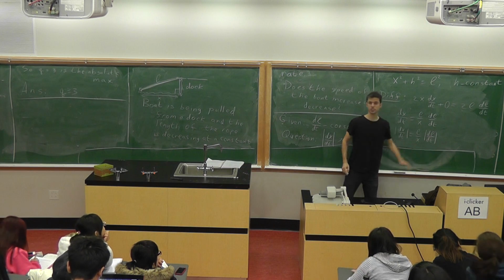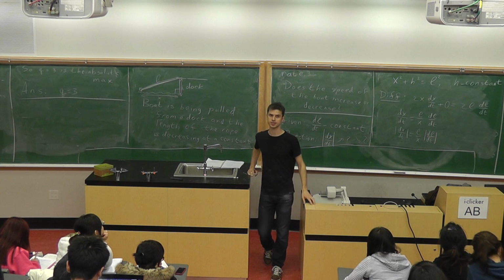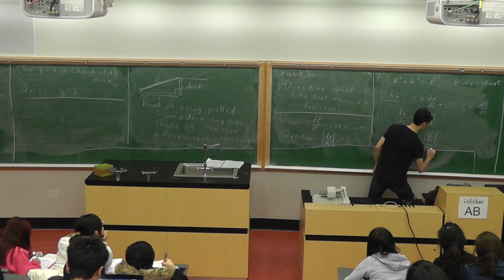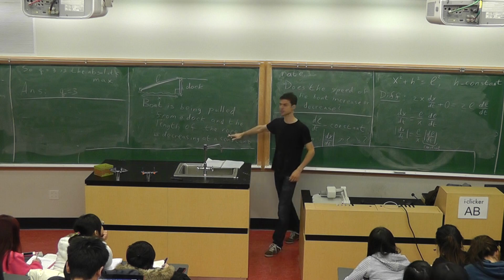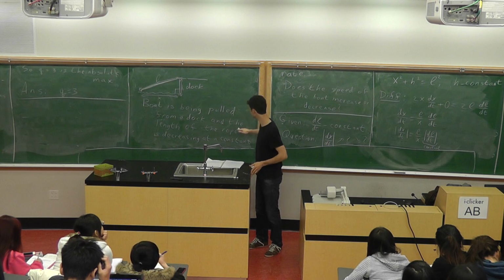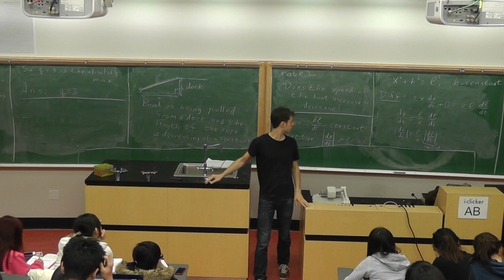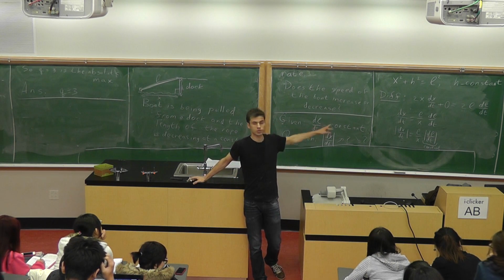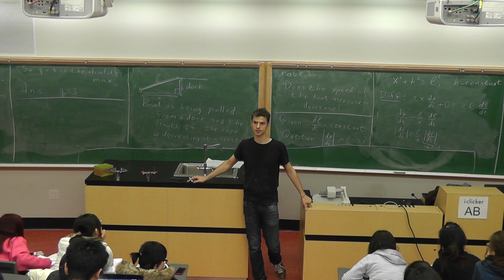So we have a relation between rates of change, dL/dt and dx/dt. We know that this part is constant. The rope is being pulled, and its length is decreasing at a constant rate. So the actual question is, what happens to this L over x? Does it increase or decrease?